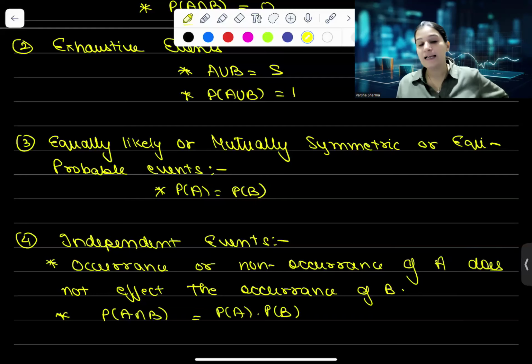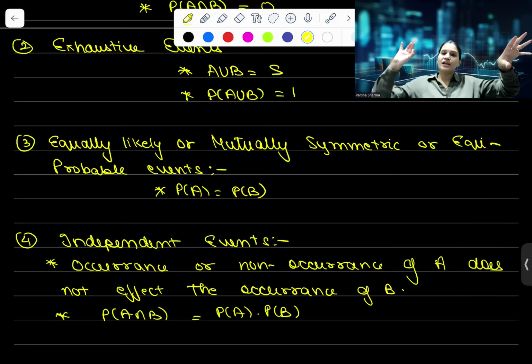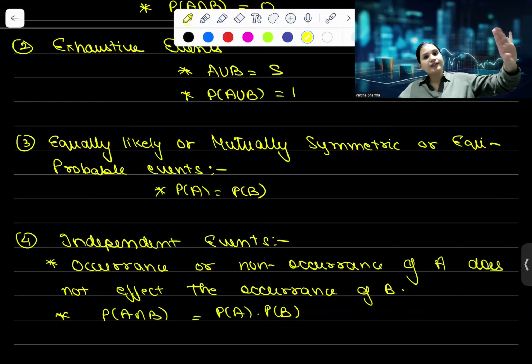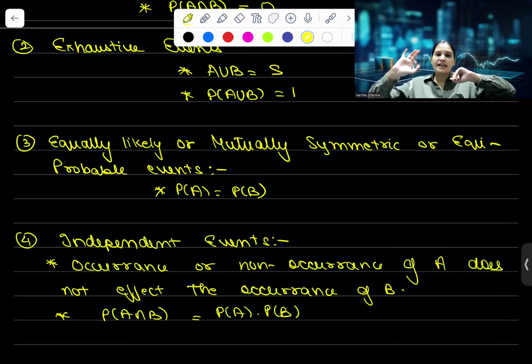I want 2 on the dice and I want head on the coin. So find the probability of 2 on the dice separately, find the probability of head on the coin separately. Since you want both, multiply them. So independent means instead of intersection, we can write multiplication. Clear? Yes, ma'am.